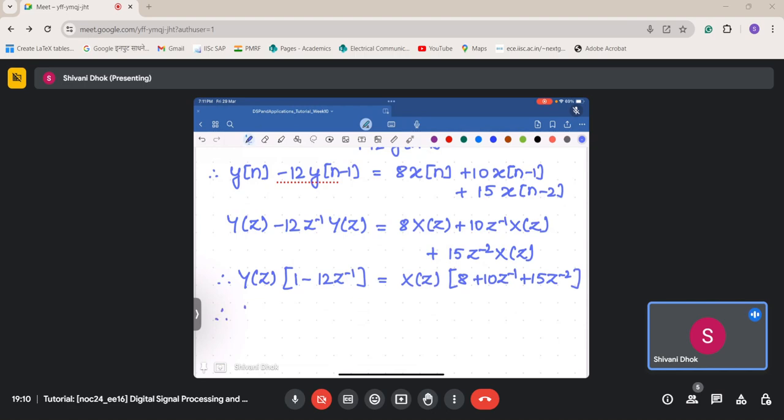So therefore the transfer function H(z) is equal to Y(z) upon X(z), and this comes out to be equal to 8 plus 10 z inverse plus 15 z to the power minus 2 upon 1 minus 12 z inverse. So this is the H(z) that we are having. This is the transfer function that we are having. Any questions till this part?